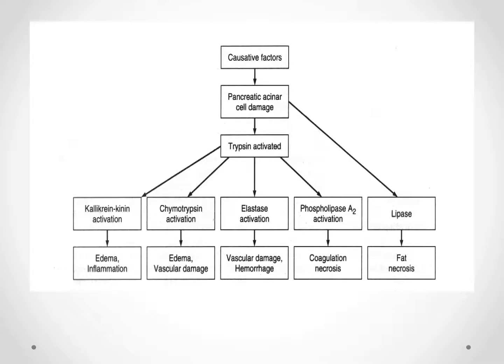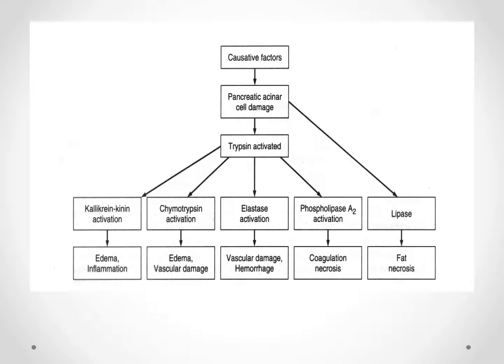In alcoholism, there can be direct injury to the acinar cells, or increased secretion of pancreatic digestive enzymes or pancreatic fluid. As mentioned previously, gallstones or neoplasm can produce obstruction to the release of pancreatic enzymes and trap these enzymes inside the pancreatic tissue.